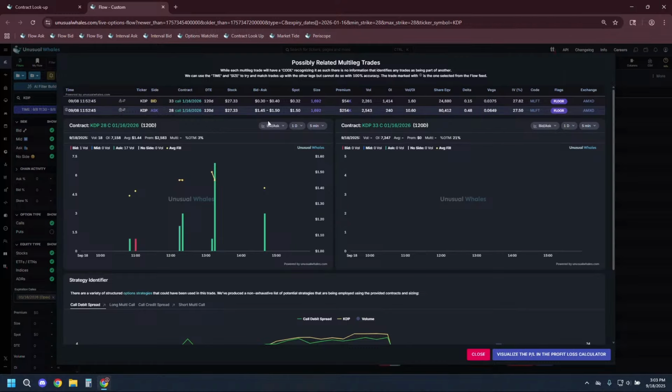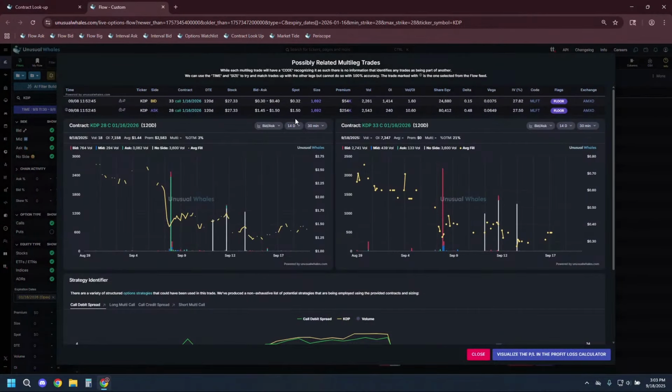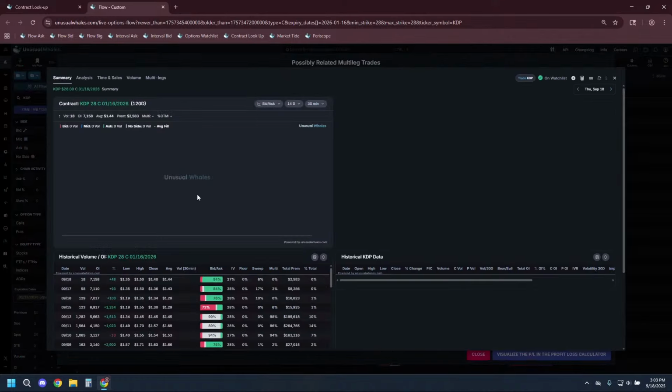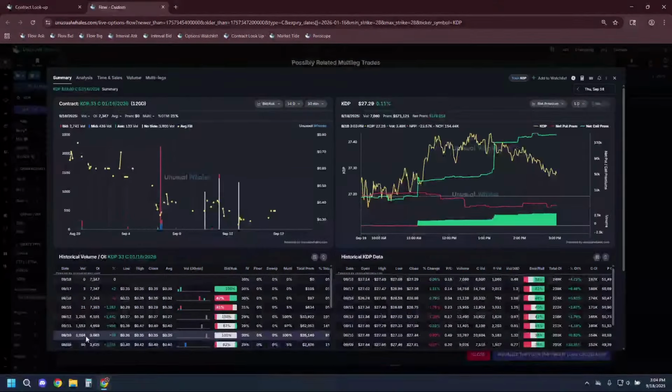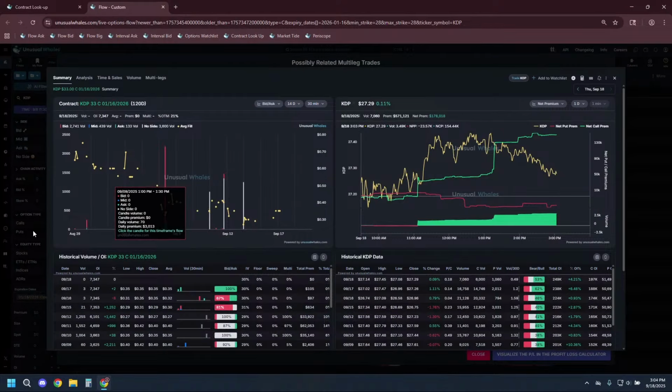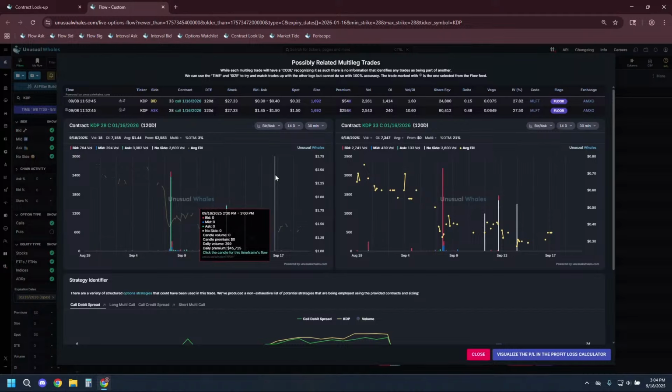On the 8th of September, you can see equal-sized activity on both the 28 and the 33 strike. Here's the 28 strike, ask side activity. Here's the bid side activity on the 33 strike. And we see other activity here resulting in an increase in open interest on all of those. Let's check the short chain. It could be someone else tailing through cross trades.